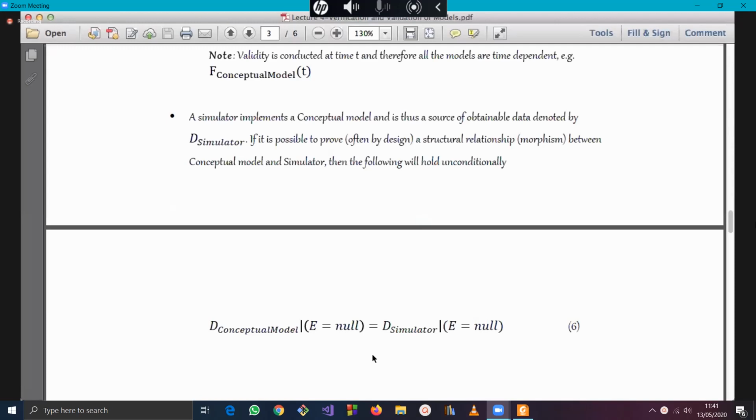So we are looking at the data which can be obtained from there. In this case, E equals null, irrespective of the environment. When you talk about a system being adaptable, it means that if there is a change of environment, it works. Let's reflect on this a little bit seriously.